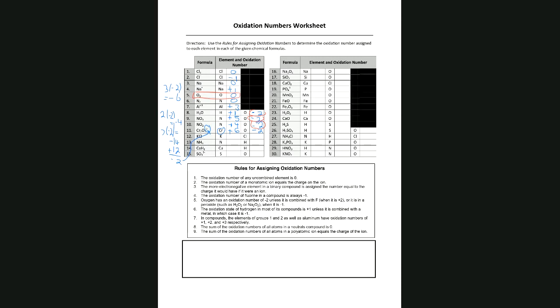You're almost always going to be safe with making your oxygens negative 2s, unless it's O2. And then you just have to work everything else out to make that fit. So if we're trying to end up at 0, or we're trying to end up with a charge. Okay?